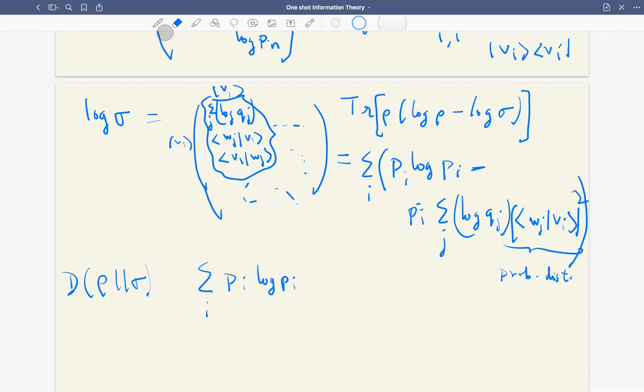Let's see which inequality. So this is pi. The average of logarithms is less than the logarithm of the average. And then there's a minus sign here, so it becomes greater. So this is greater than the log of the average, summation over j of qj.